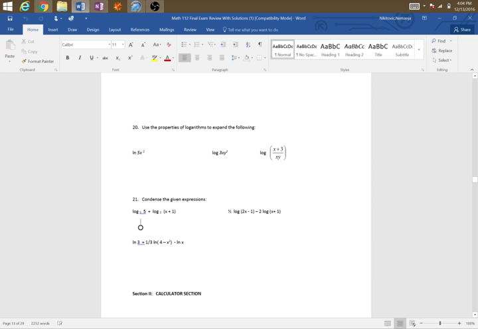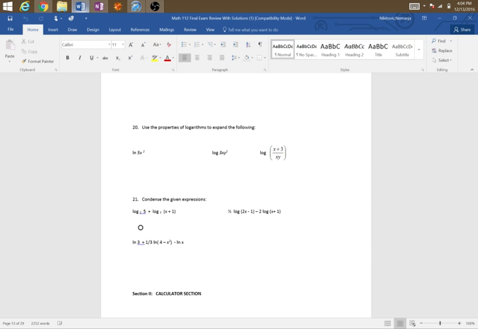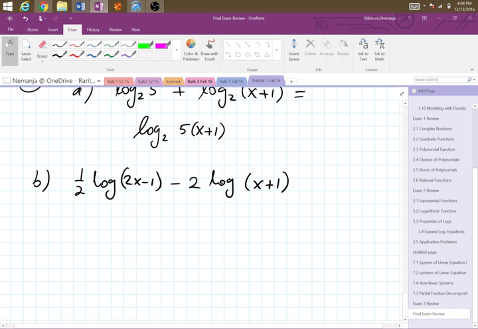One half log base 2 of (x minus 1) minus 2 log (x plus 1). So we first tuck in the exponents. Well, that will be a square root, and that's a square.